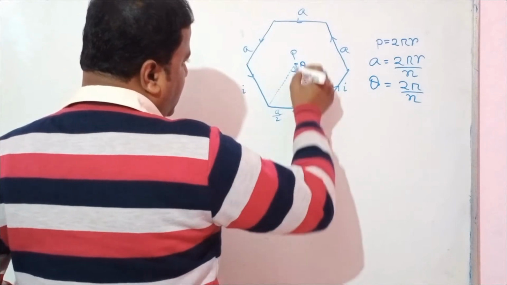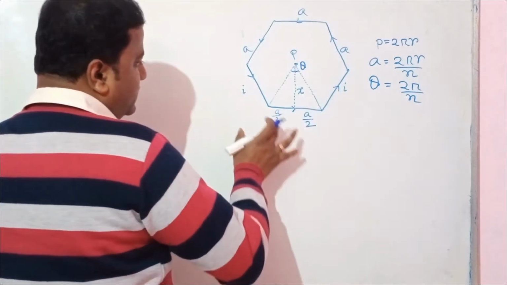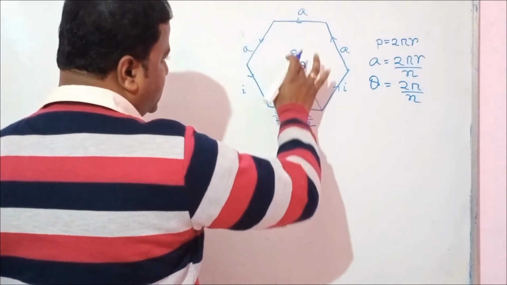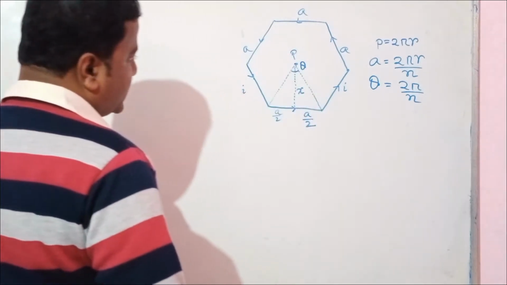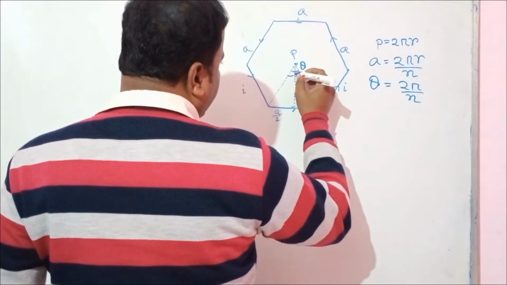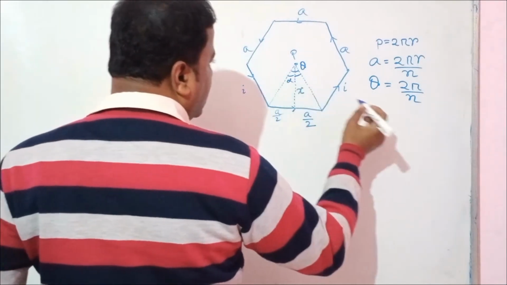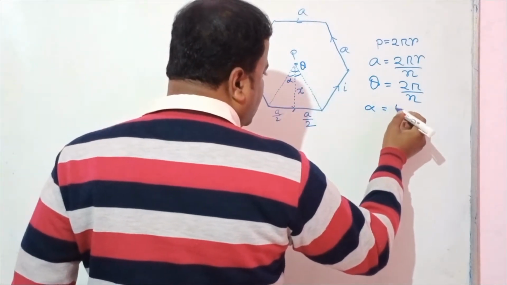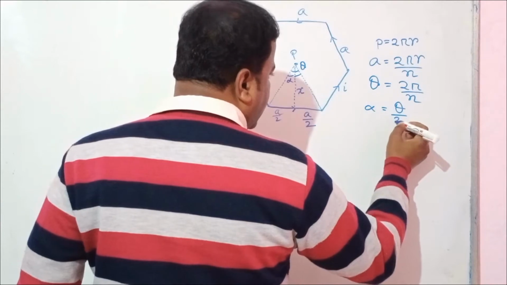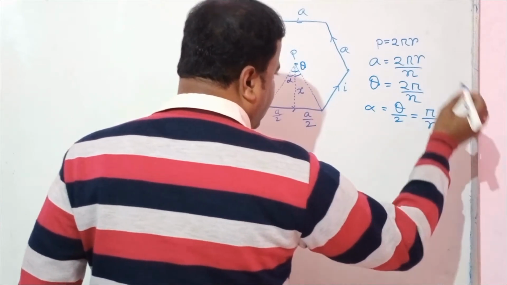Here it is a perpendicular bisector on this side, and this is the distance x. Here this angle and this angle are equal. Say this is alpha, and this alpha equals theta by 2, that is pi by n.